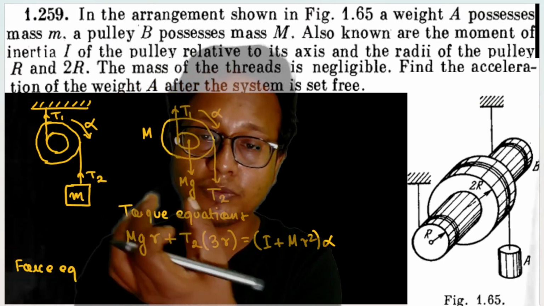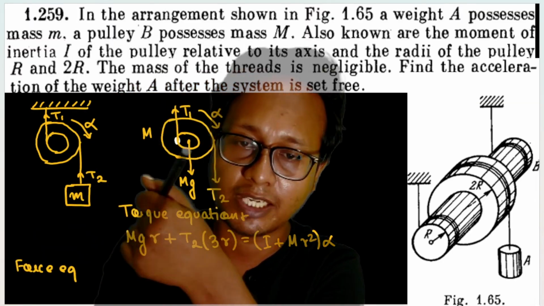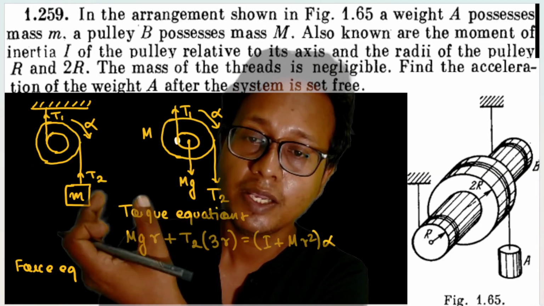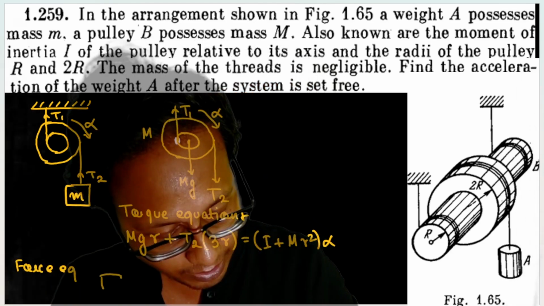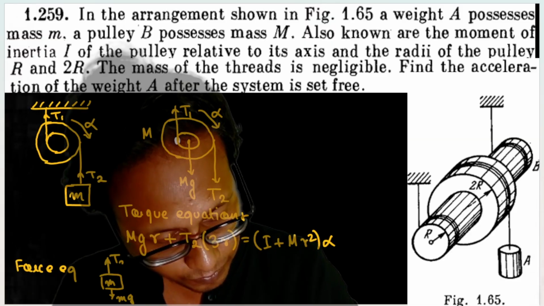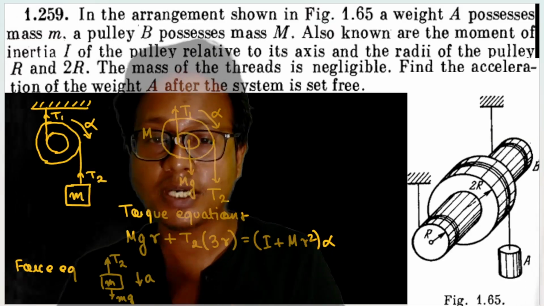Now the force equation of the smaller block, this block. I do not need to apply a force equation here because I have taken my torque equation about the axis of rotation. But I do need to take the force equation here. This is mg, this is T2. So mg minus T2 is equal to mA. And what is the value of A?